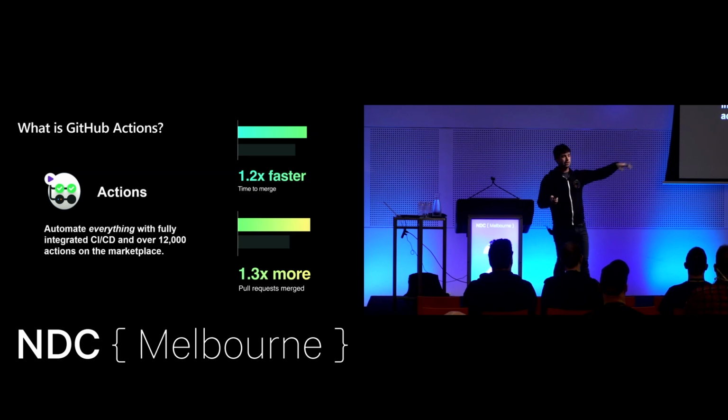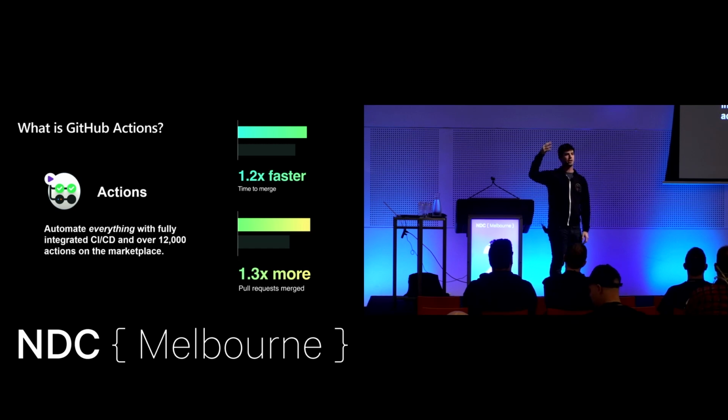We look at this data internally as well, because we have a metric called I2D, which is idea to data. When we release a product, we measure the time it takes between the idea that we had about this product to some data from production telling us whether that idea was a good one or not.